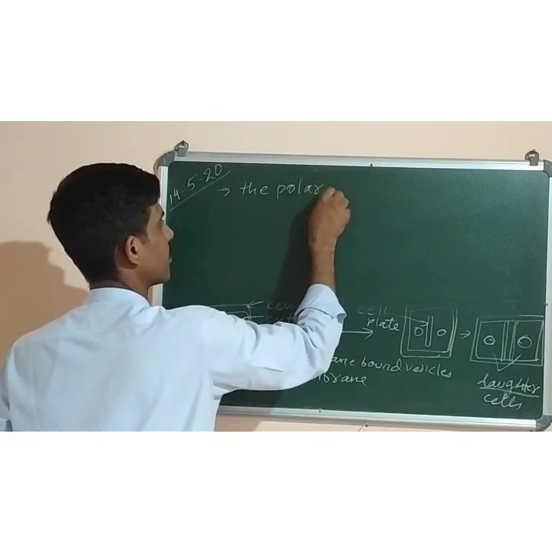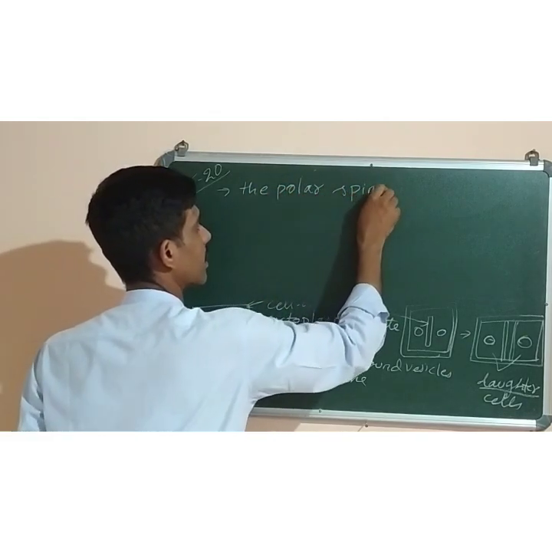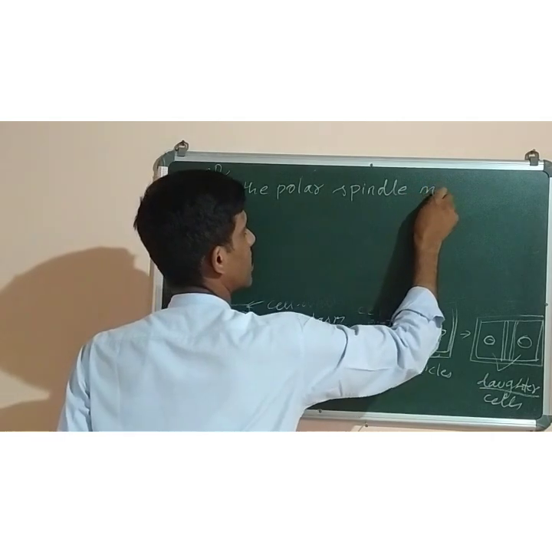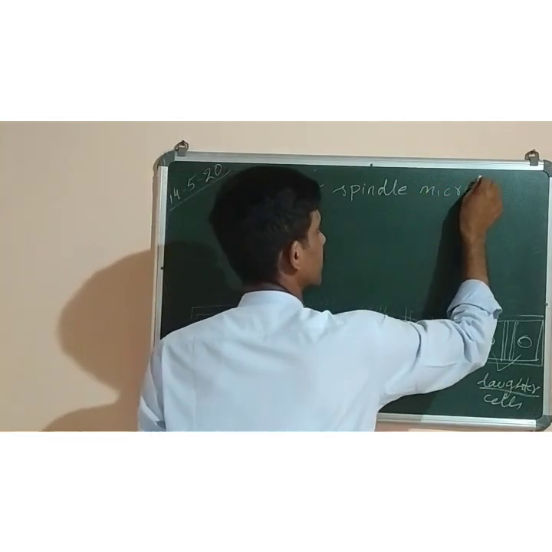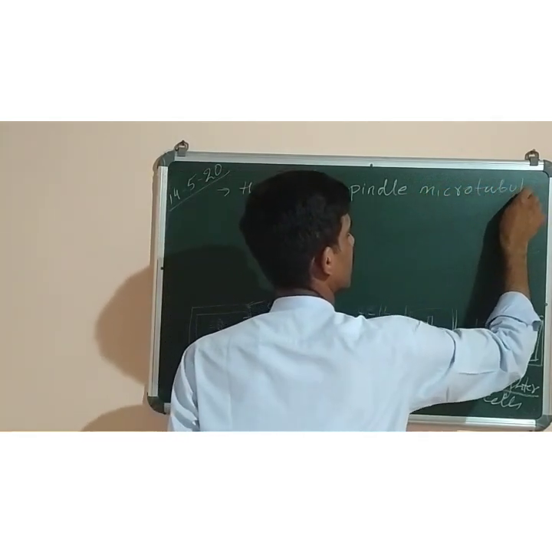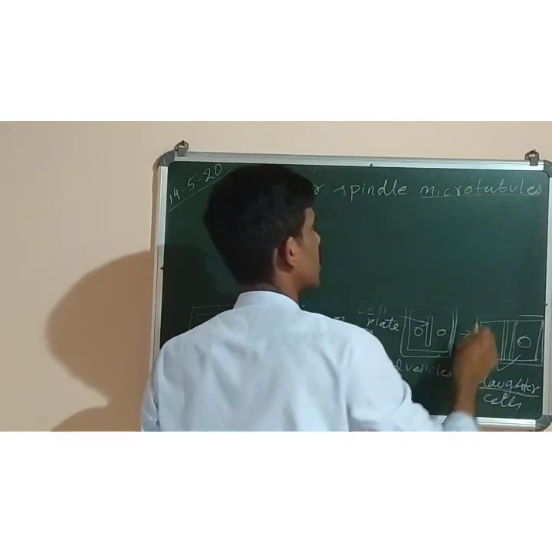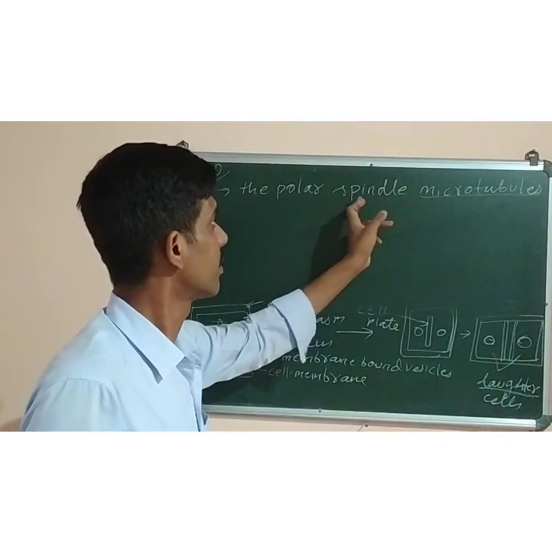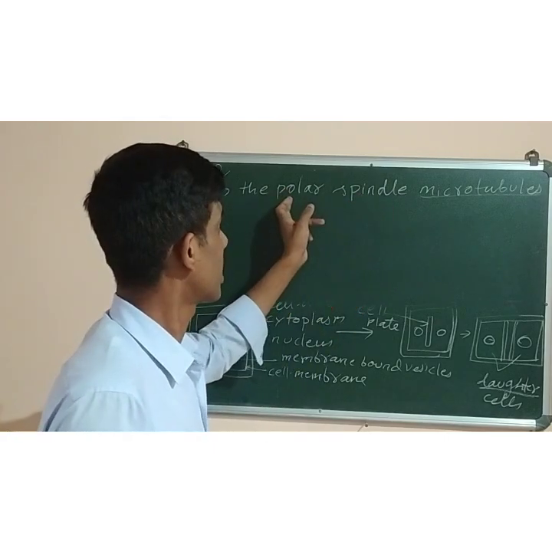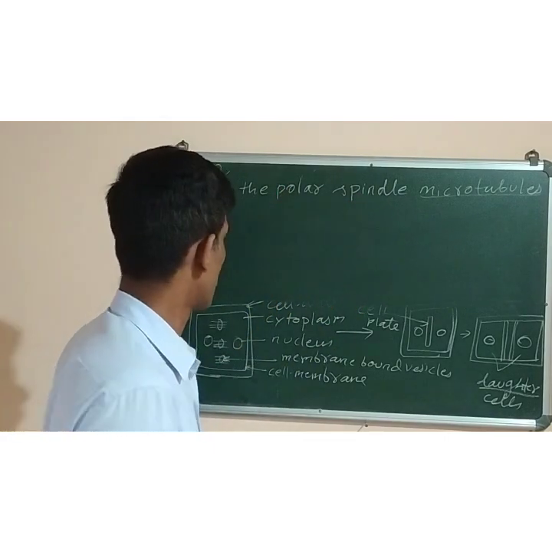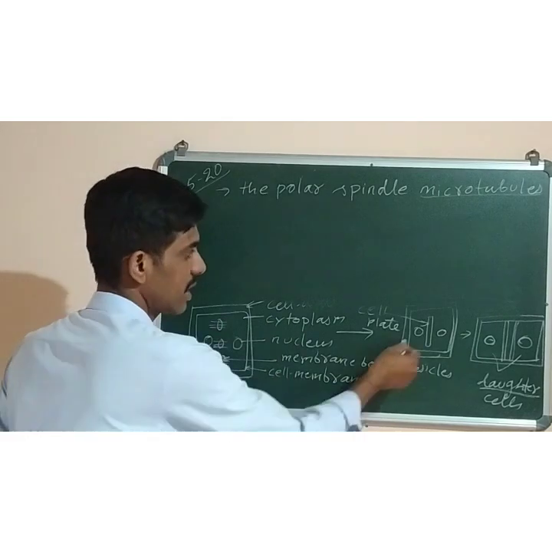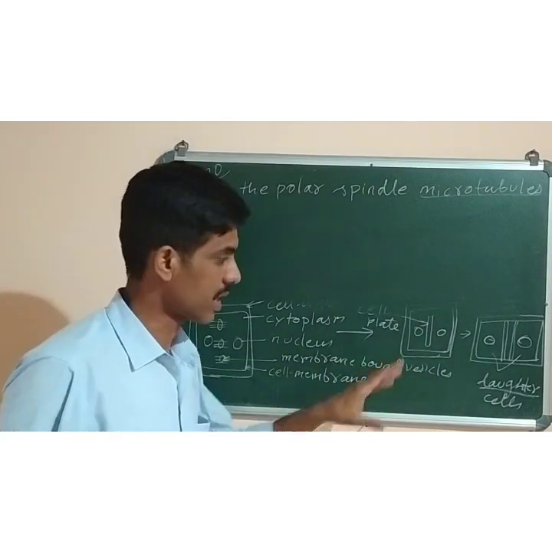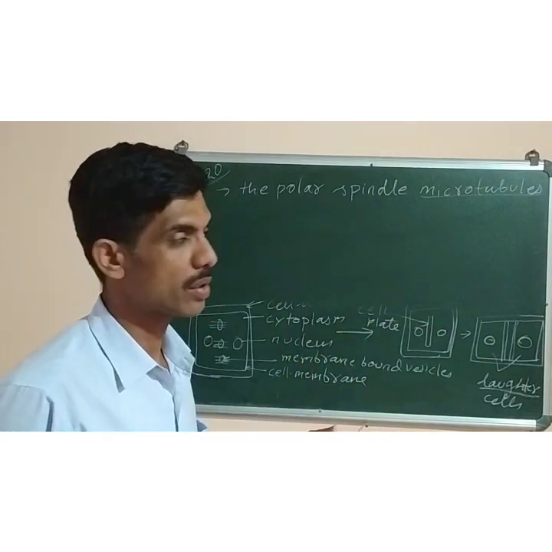The polar spindle microtubules. What are these microtubules? The ones which result in the formation of spindle fibers. So polar, you know, the polar region, like the cell is there. This is called the polar region, the upper part and the lower part. Not pole, like south pole, like that.